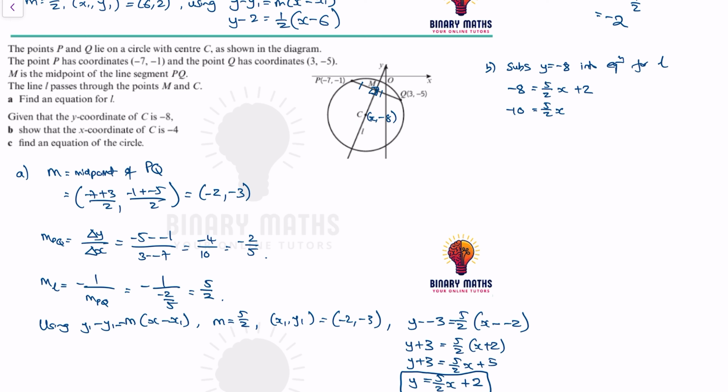If I times by 2, I get -20 is equal to 5x, which means x must be equal to -4, which I was trying to prove anyway.